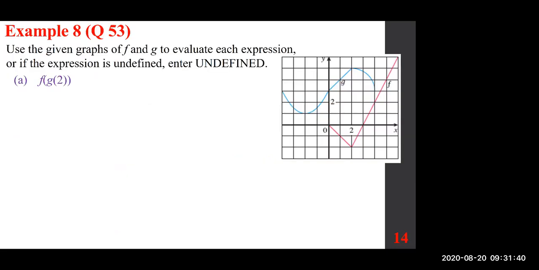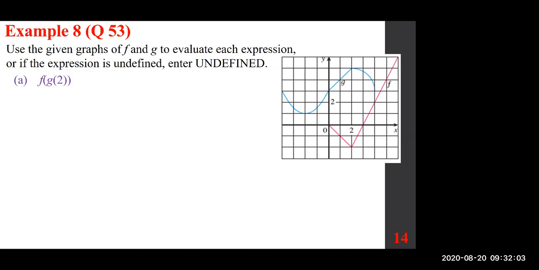All right. I'm not going to dwell on this. I'm going to show you a couple of them, and the rest of them you can do on your own. They're very straightforward. Use the given graphs to come up with the answer. So f of g of 2, okay, by definition is f of g of 2, you need to calculate g of 2. So what is the g of 2?